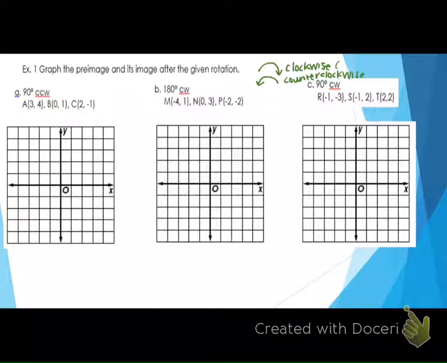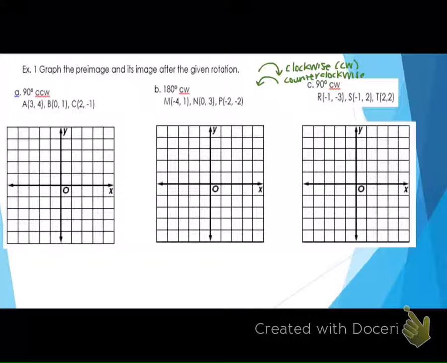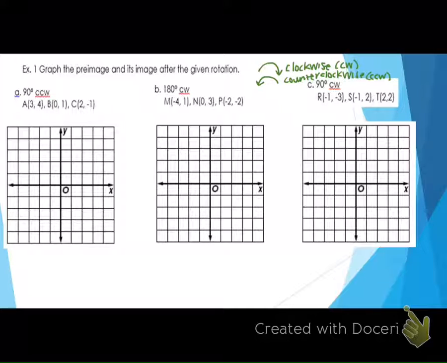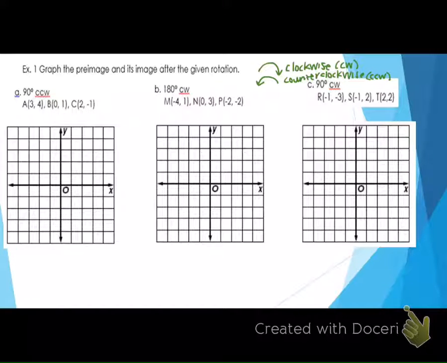You'll see CW for clockwise, and I think it's CCW for counterclockwise. A rotation is a turn of some sort, and that's what it means to be clockwise versus counterclockwise.